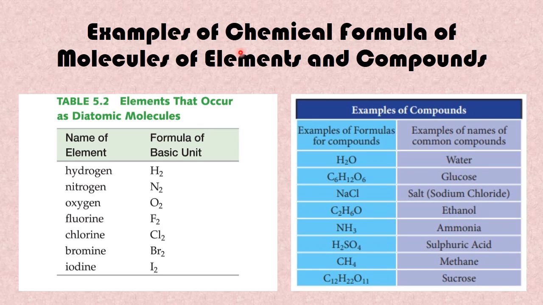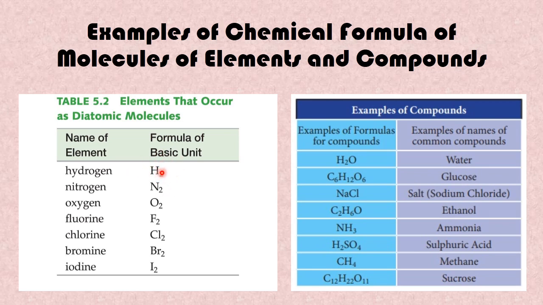Now, moving along, we have examples of chemical formulas of molecules of elements and compounds. Now, this is the chemical formula of certain elements that occur as diatomic molecules. We have hydrogen. A hydrogen molecule exists. This is the basic unit.